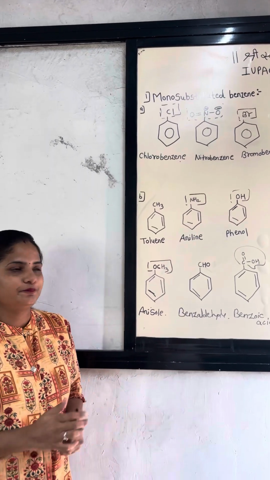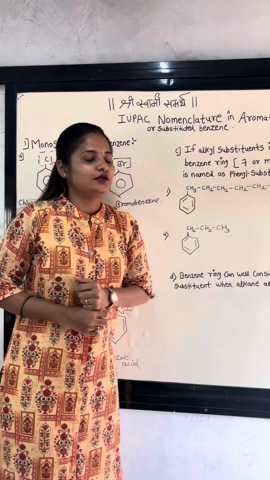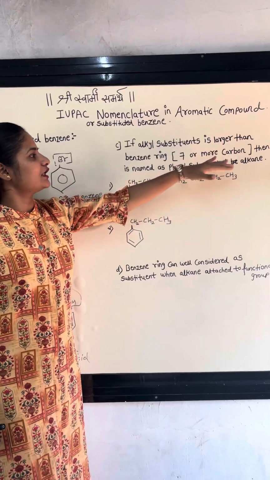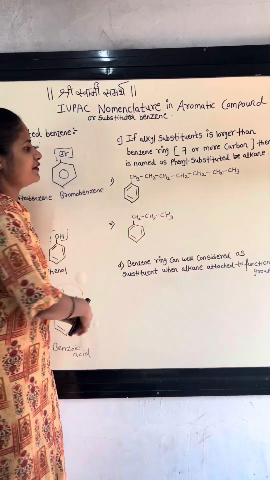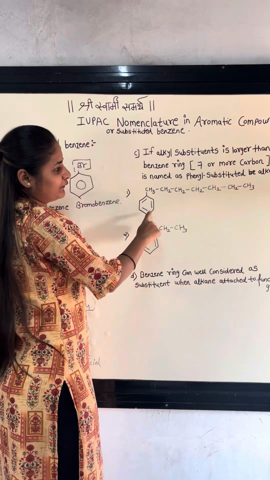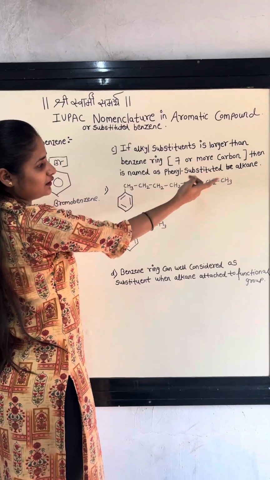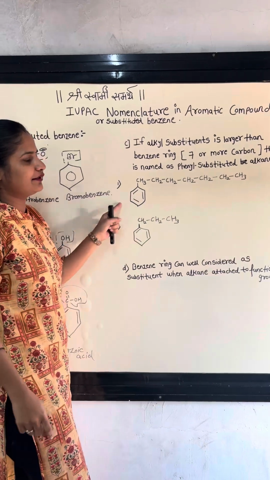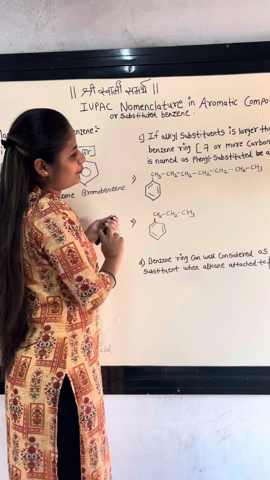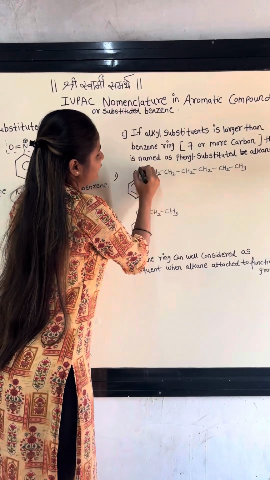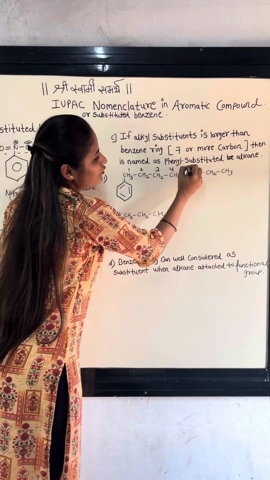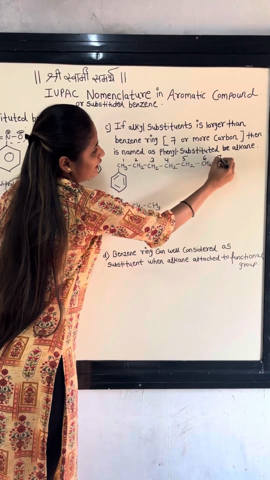Right. Next, now in type C, if the alkyl substituent is larger than the benzene ring, right? Means suppose here the alkyl substituent is attached to the benzene ring. If it is 7 carbon or more than 7 carbon, then it is named as the phenyl substituted compound. Okay. For this example, here we have to label the carbon atoms 1, 2, 3, 4, 5, 6 and 7.